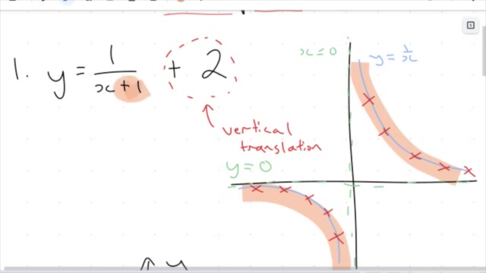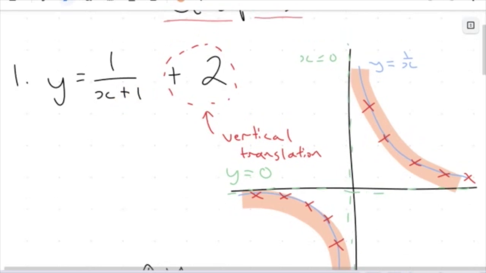Now let's look at another factor. We can see here that 1 is being added to the x. So remember, this denominator here, when we looked at our original equation of a hyperbola, y equals 1 over x, we said that the value of x, that is a value that can't be 0, because we can't divide by 0.